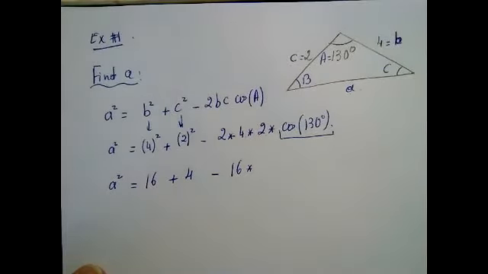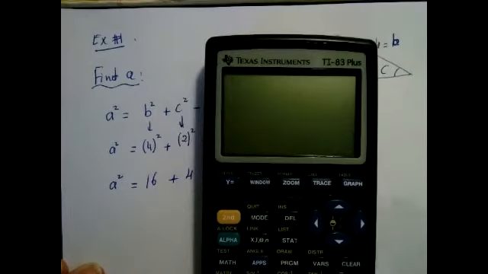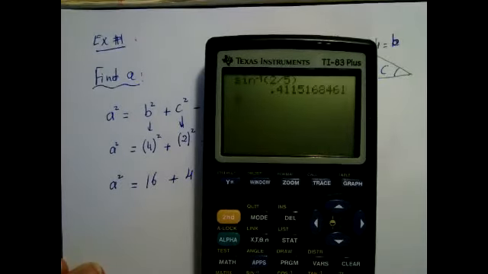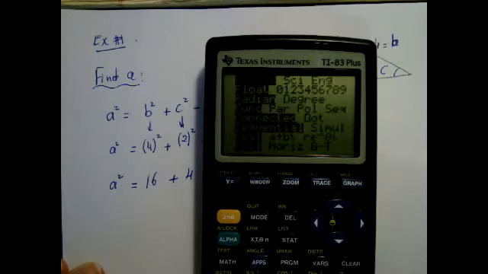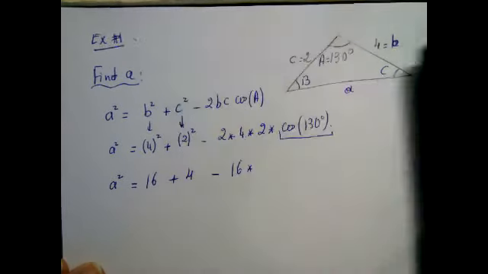Now cosine of 130, we definitely have to use our calculator a lot in these problems. First I have to make sure my calculator is in the right mode. It's in degree mode. Then I need the cosine of 130, which is minus 0.6427.